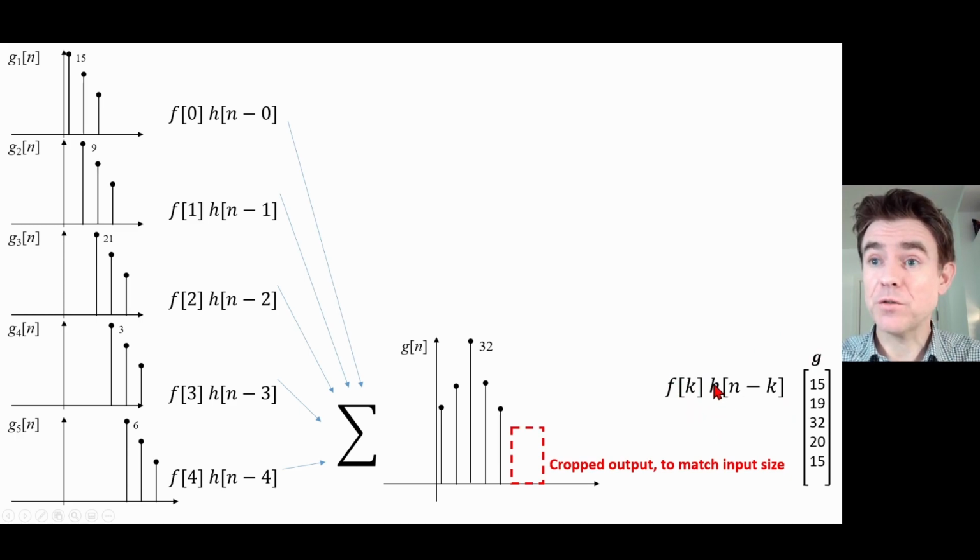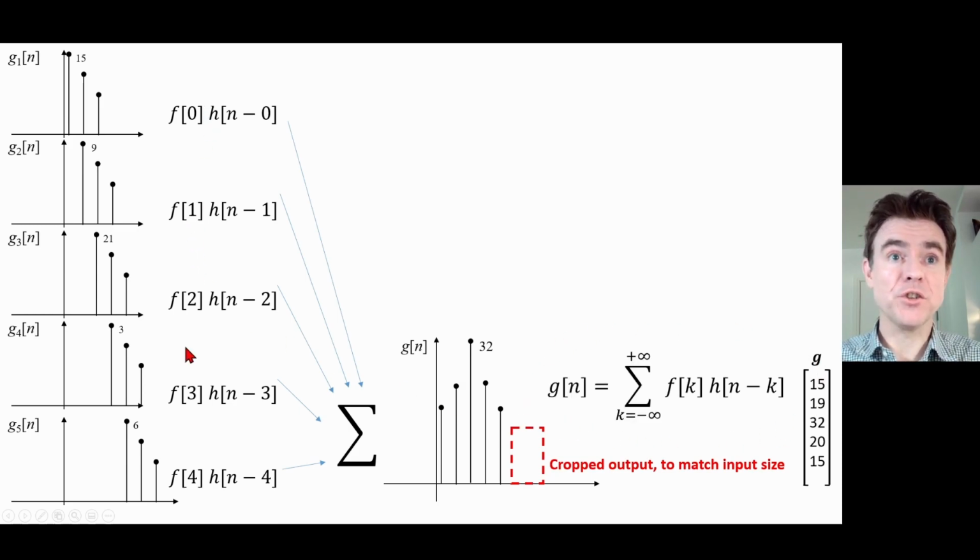That's the scaling factor for h of n shifted to the location k of that impulse within the input function f. Okay, so therefore to get the overall output, as I've been showing here, all we've got to do is just sum together all of those responses that have just been scaled and shifted.